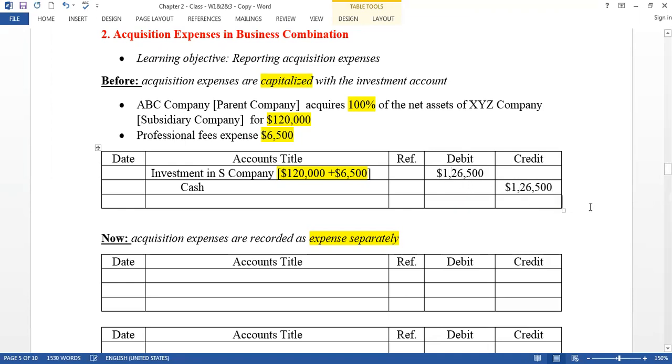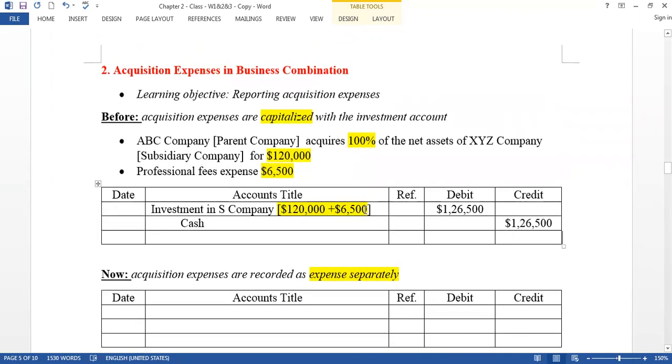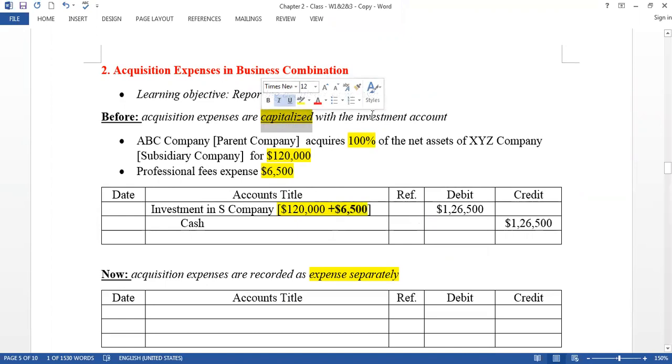So you can see that here $6,500 is going to be capitalized with the investment account. Do you understand? So this is the previous rule.